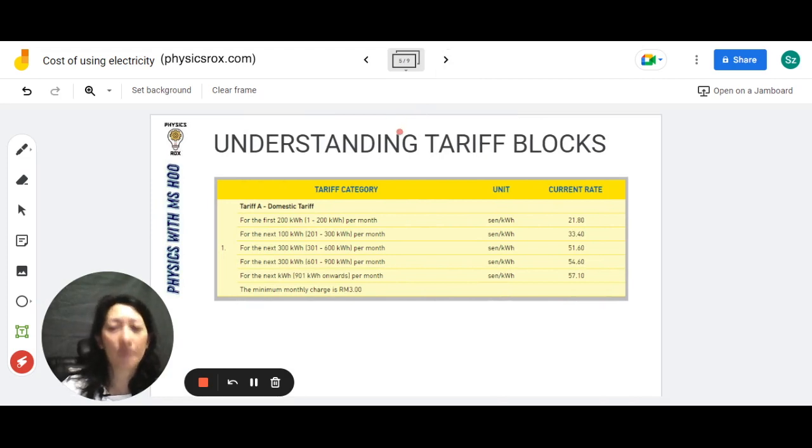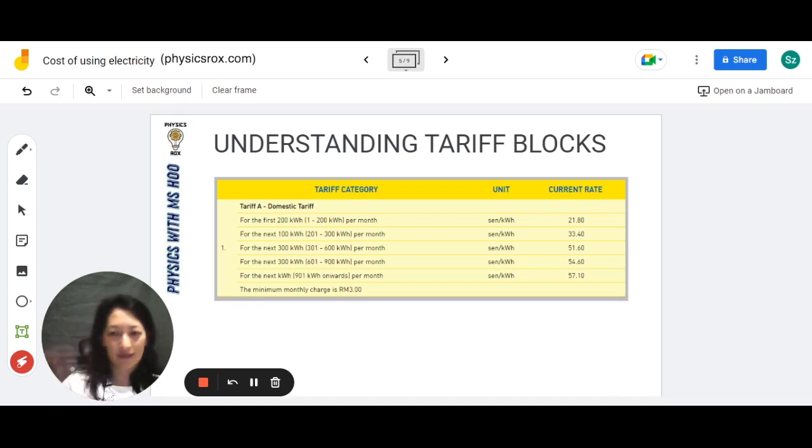Applying a little bit of real life understanding over here, this is the tariff category taken from Malaysia's electrical energy supplier, Tenaga Nasional Berhad. I've taken this from the website, so this is the latest tariff rates as of the date of this video. Of course, different countries will have different tariff rates.